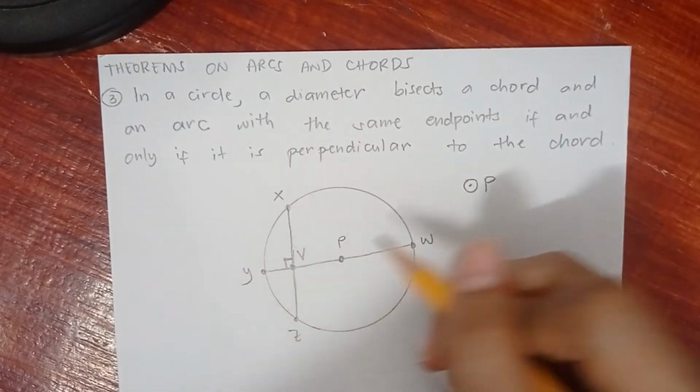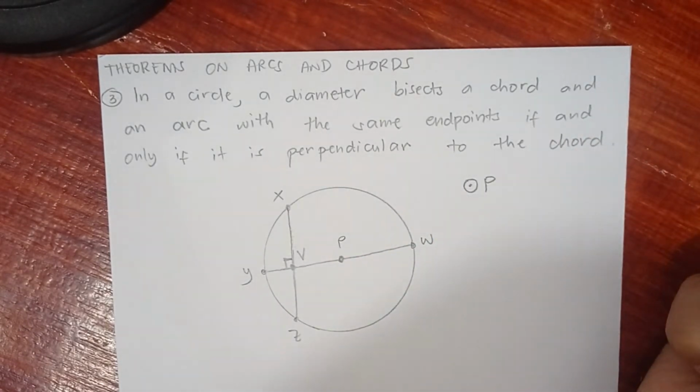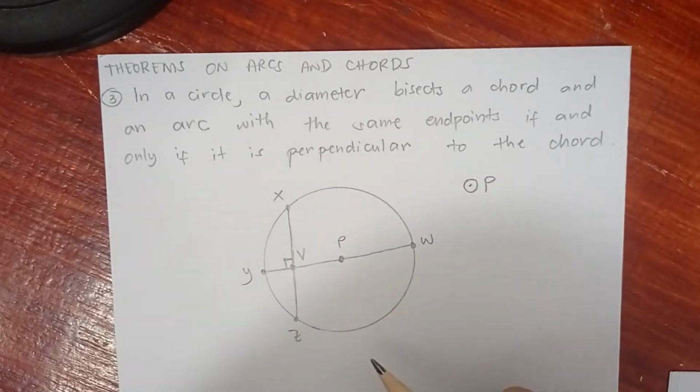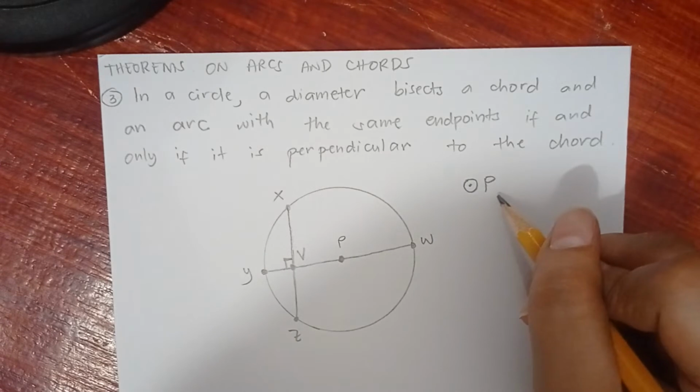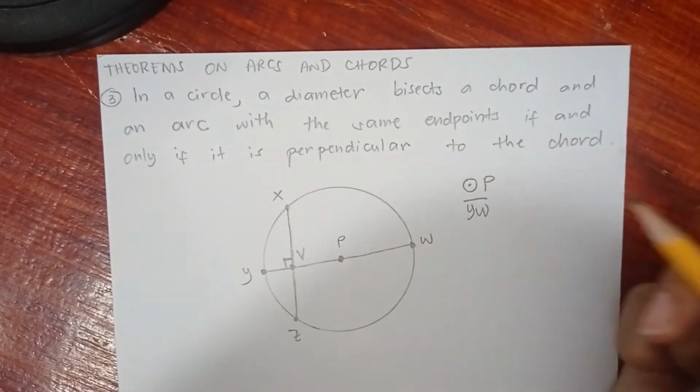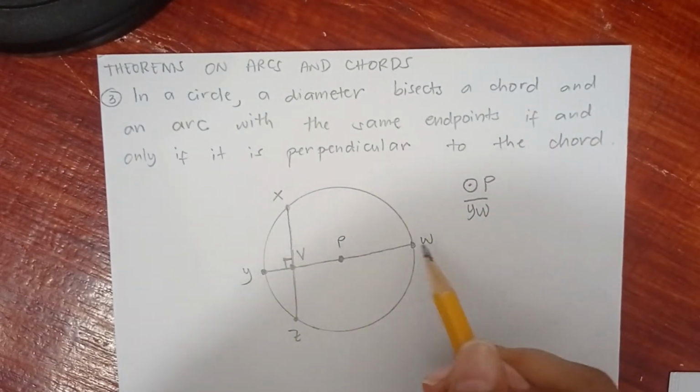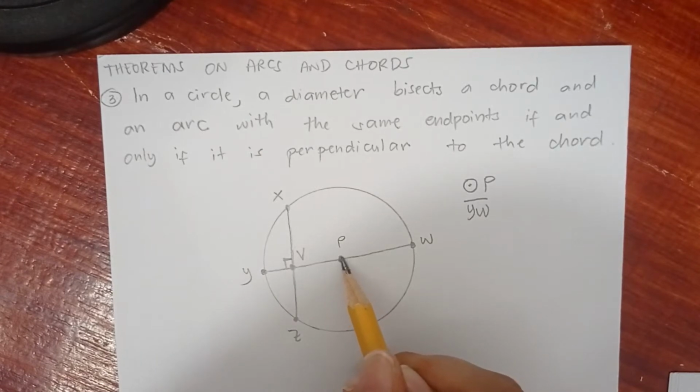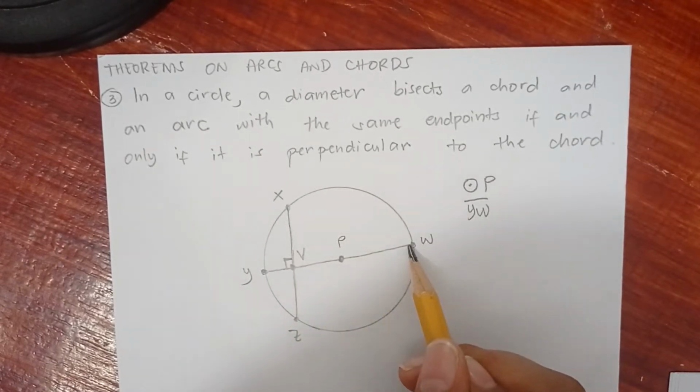Kasi ito yung center. Meron tayong diameter na, alin ang diameter natin? Ito, line segment YW. YW is the diameter kasi points on the circle tapos dumaan sa center. So, diameter yan. And, ano ang chord natin dito?